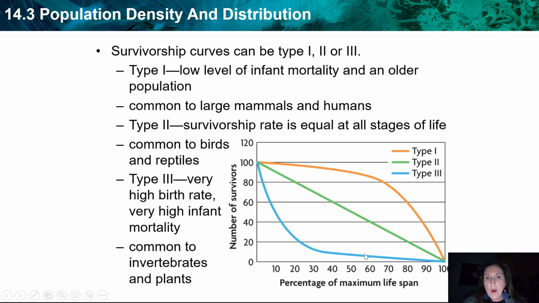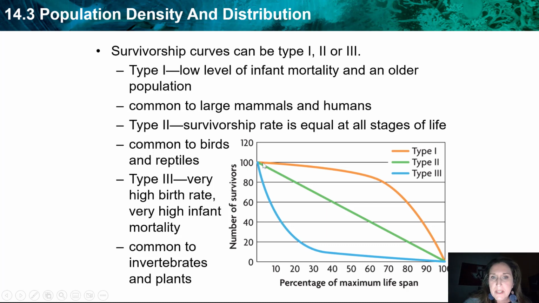All right, so type 1, these are humans. So if you look at the number of survivors and the percentage of the maximum lifespan, you'll see that here the number of survivors at a young age is very high, and the number of survivors decreases as you get older. Here you can see in type 2, the number of survivors, basically you have a straight line.